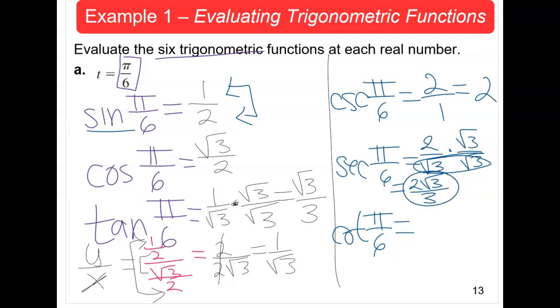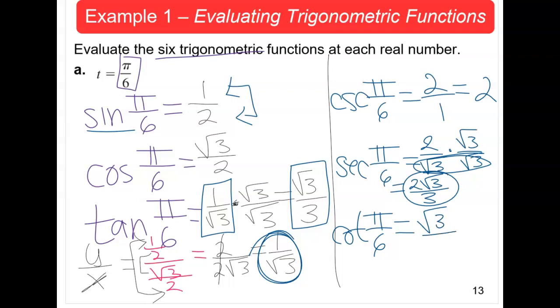And then finally, we could take the reciprocal of this number, or we could go to the original answer that we obtained from dividing the two fractions. And so if we use this one, it's easier to get the reciprocal of it because it will just be the square root of 3 over 1, or simply just the square root of 3.